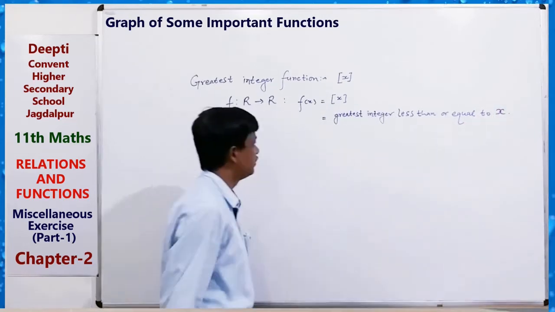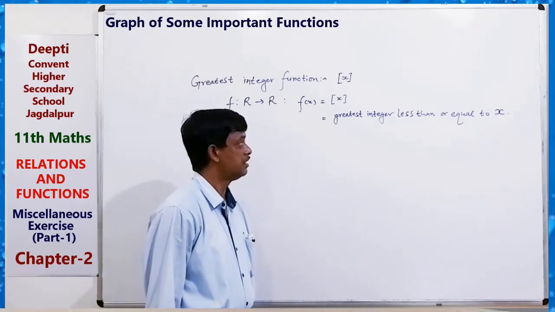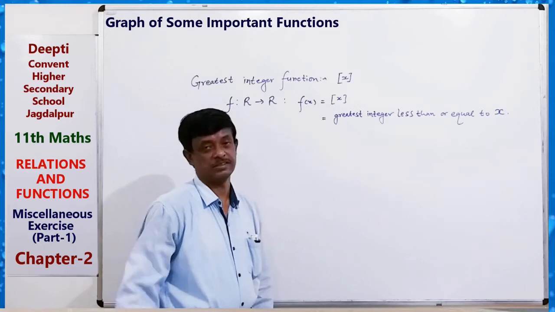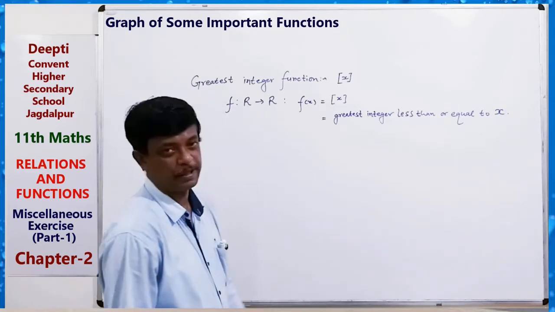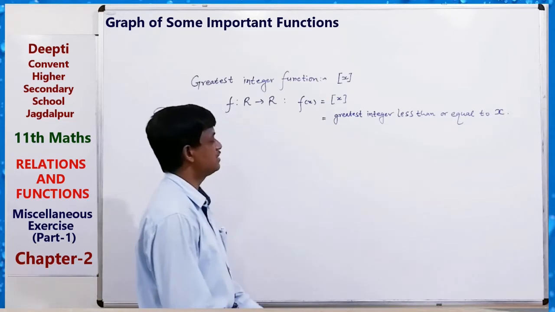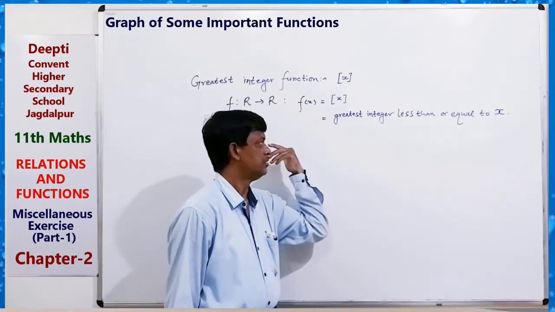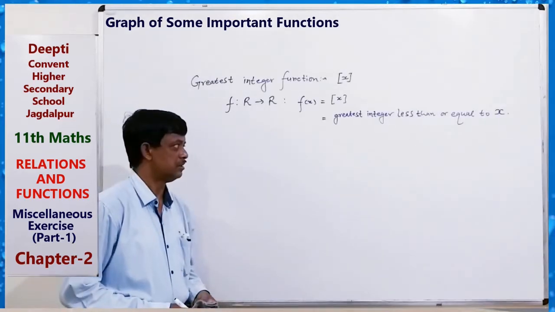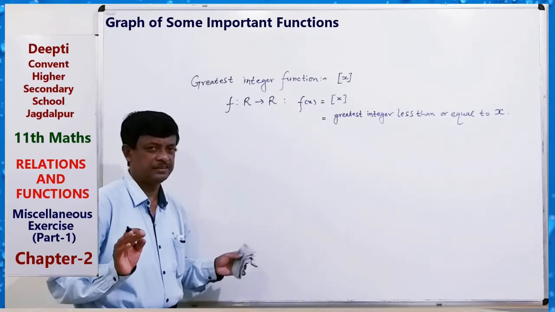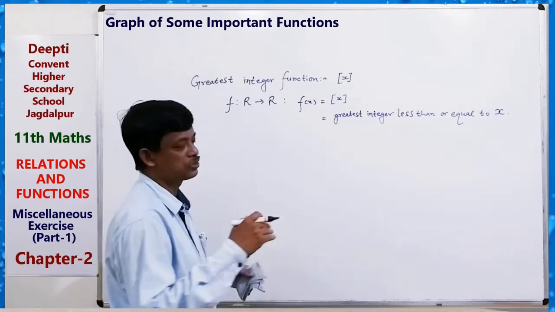Greatest integer less than or equal to x in an interval. Or the greatest integer just less than x. You can see integers. So the greatest integer less than or equal to x.